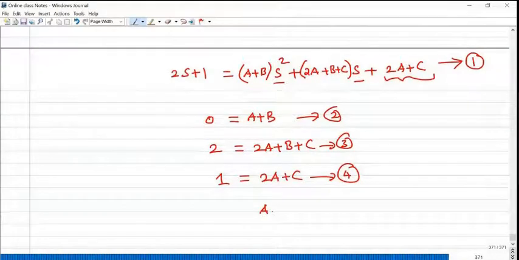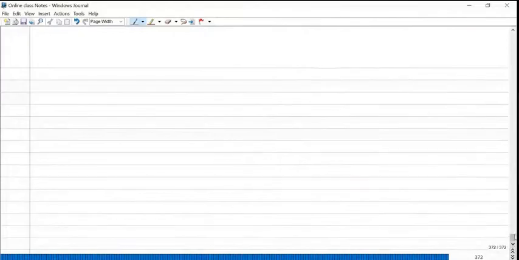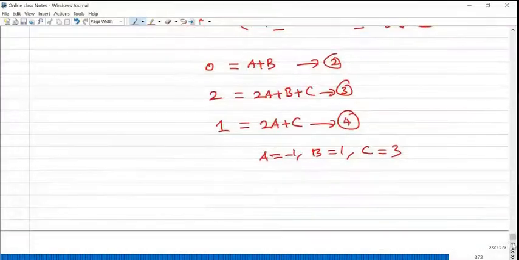I think a equals -1, b equals 1, c equals 3. Directly use the calculator to save time, or solve these three equations and find your answer.